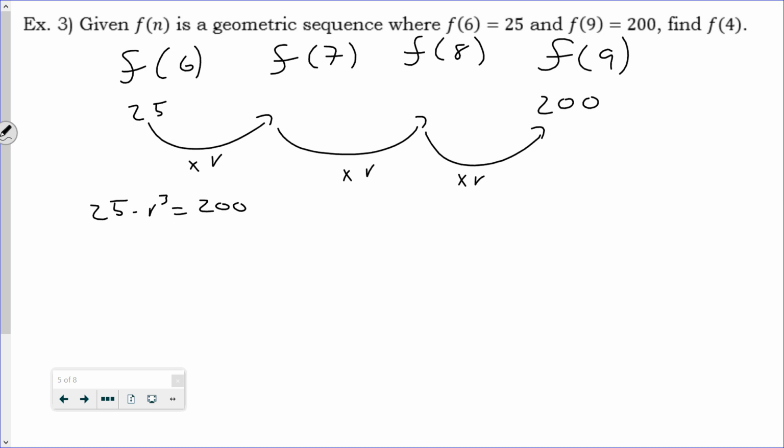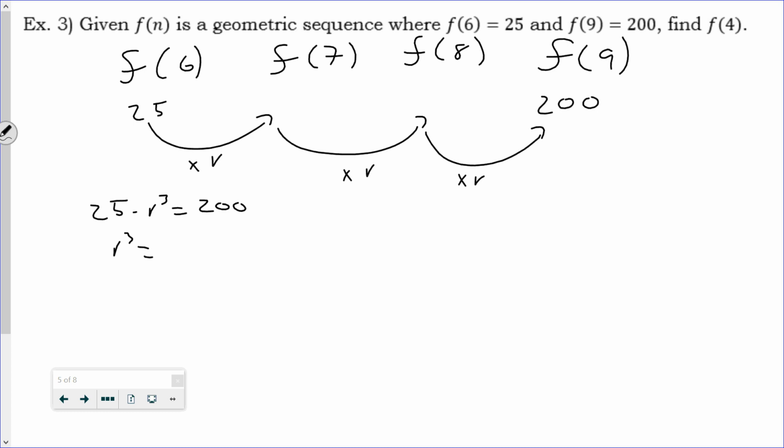I wrote it out, and I know that in a geometric sequence, you're going to multiply something by a term r to get to the next term. So 25 times r gives me f of 7. F of 7 times r gives me f of 8. F of 8 times r gives me 200. Or in other words, multiply 25 by r 3 times to get 200.